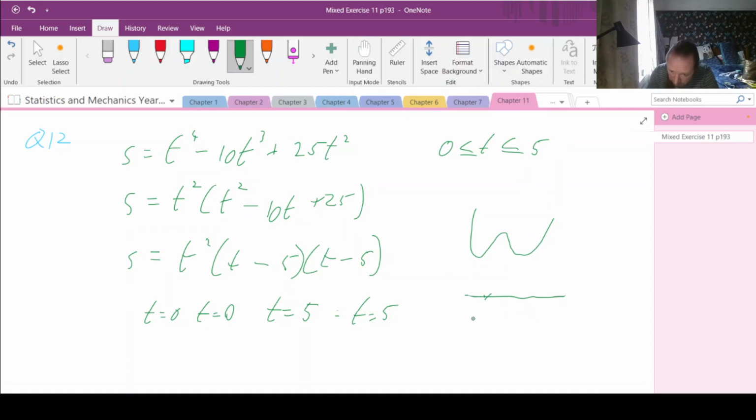It comes through here at 0 and 5, and so its distance S is only in the positive realm between 0 and 5 seconds, as this thing wobbles through. So it's only valid between here and here in essence, for 0 and 5.